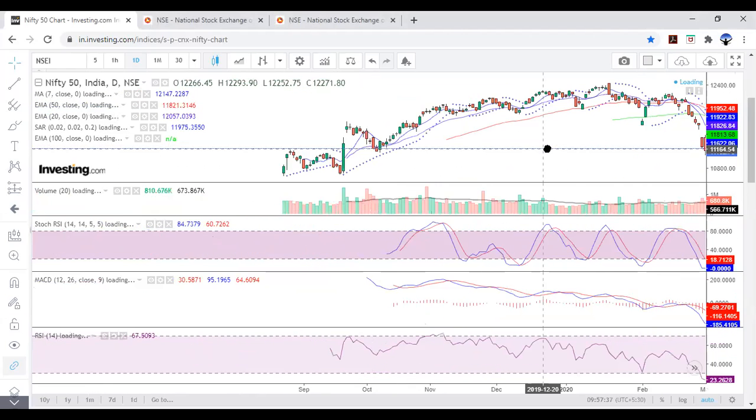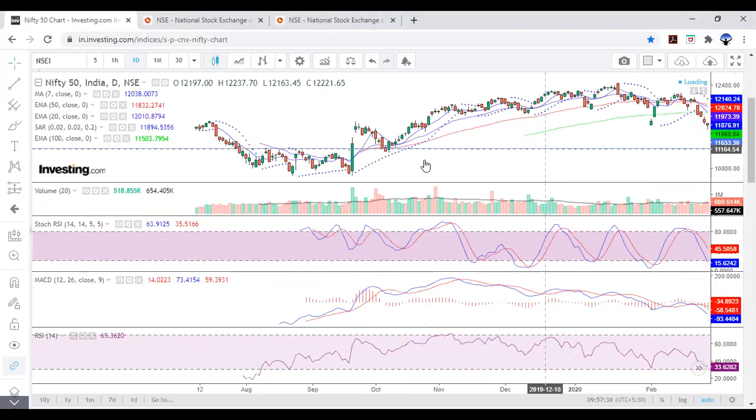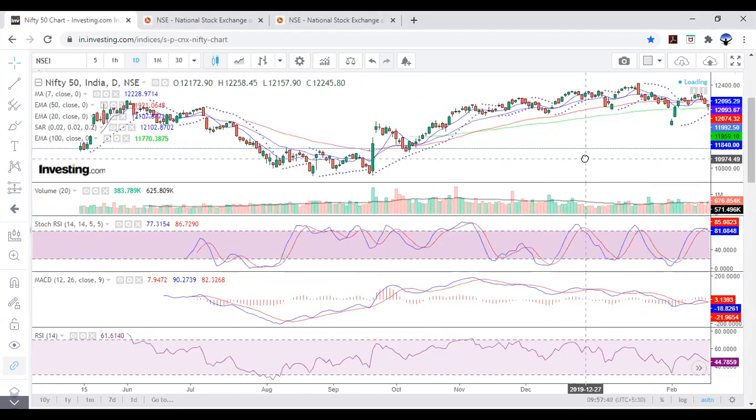Now you can check the same as the earlier data also.